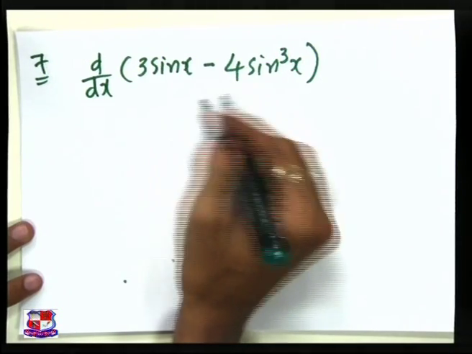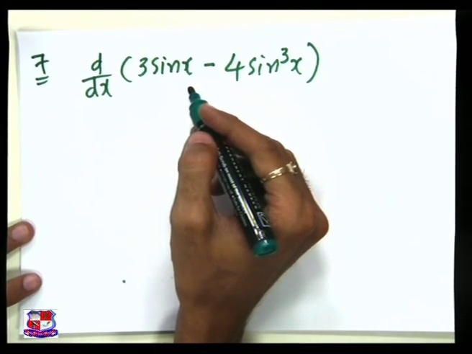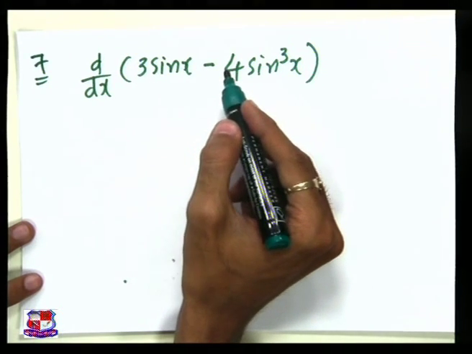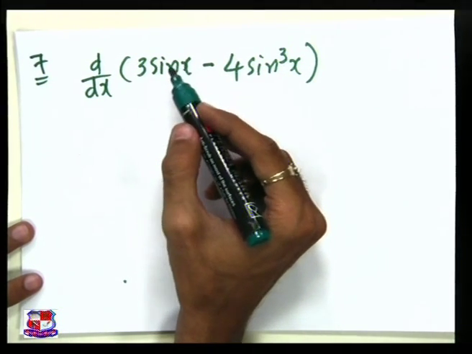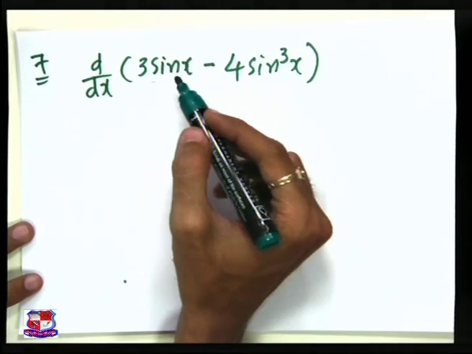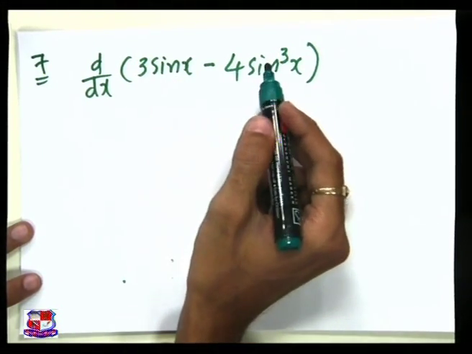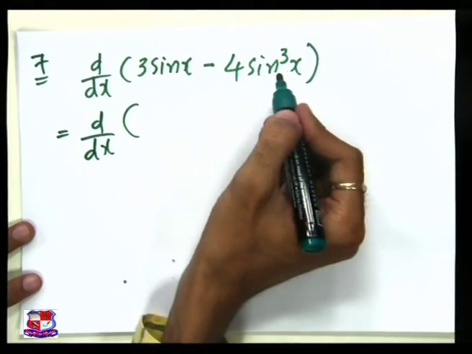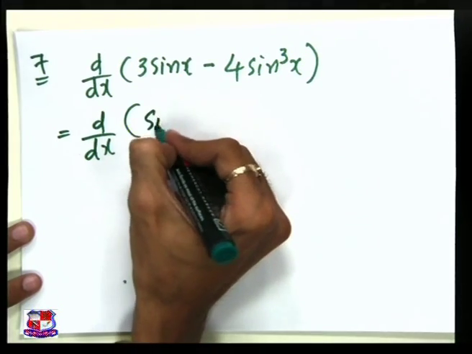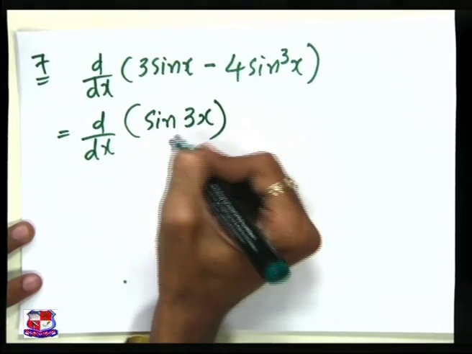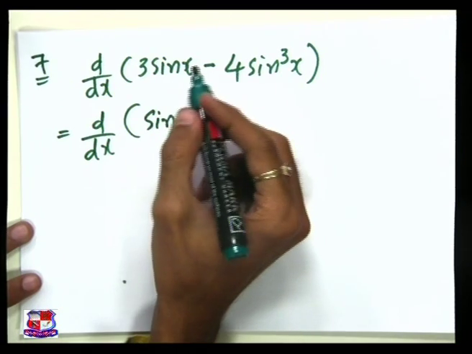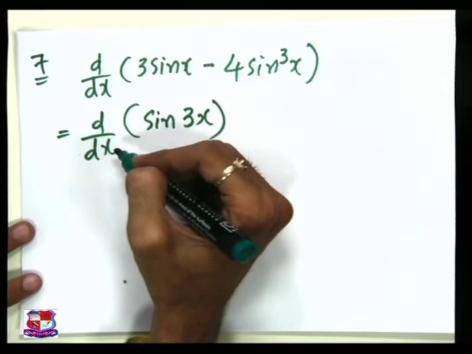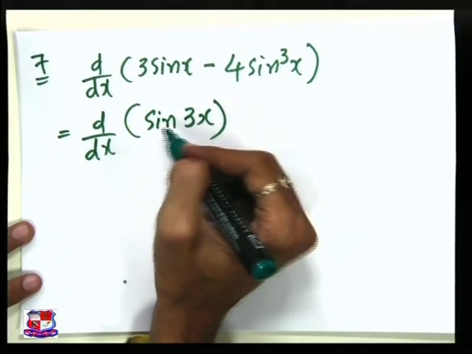Before we differentiate this, our formula is sin 3 theta equals 3 sin theta minus 4 sin cube theta. So here we can write d by dx of 3 sin x minus 4 sin cube x, that is equal to sin 3x. Okay, and now it is quite easy to differentiate this function with respect to x. We all know that the differentiation of sin is cos.